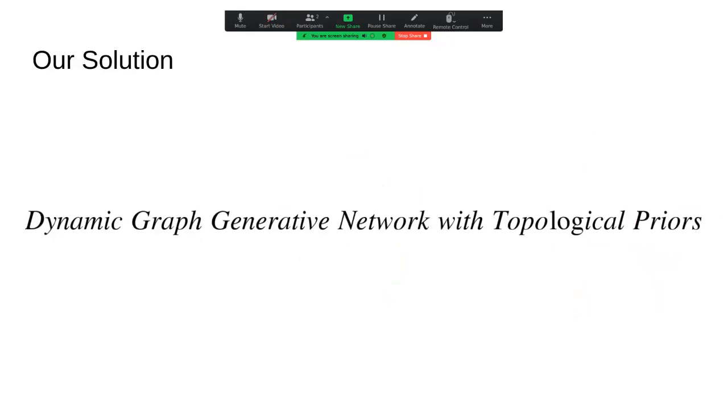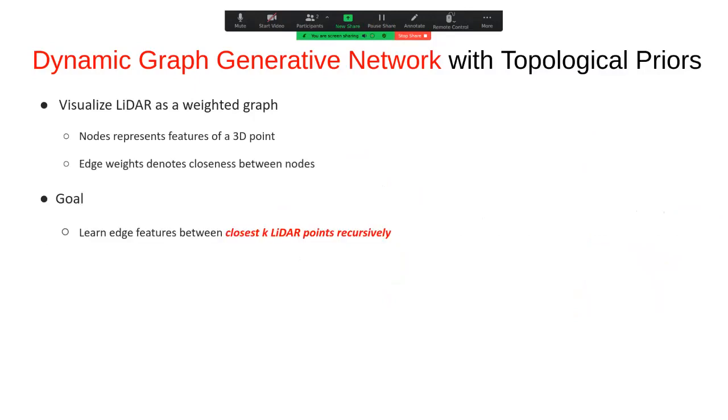So our solution is a dynamic graph generative method with topological priors that can help us get all three benefits in a sparse LiDAR. We visualize LiDAR as a weighted graph where the nodes represent the features of a 3D point and the edges represent the closeness between these nodes.